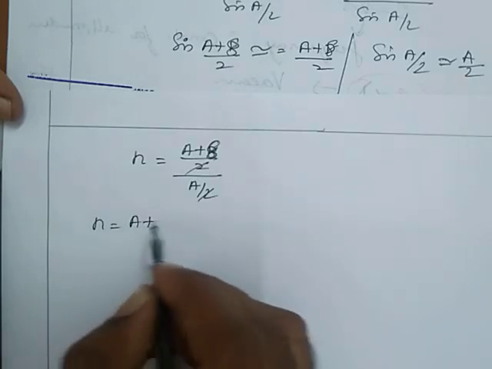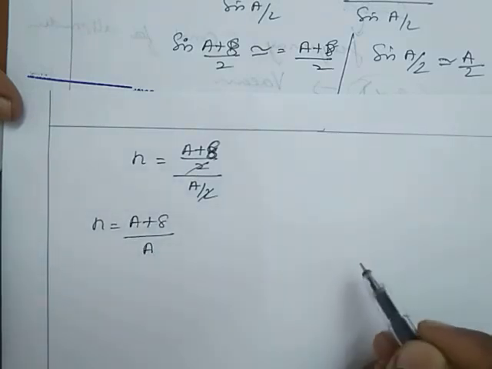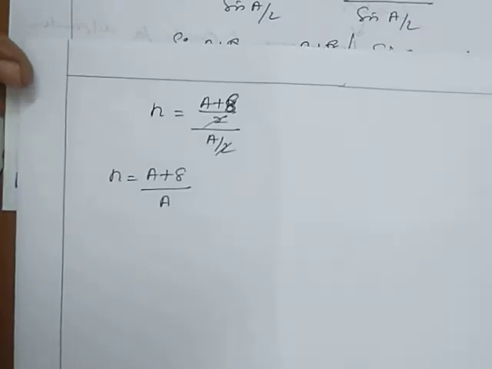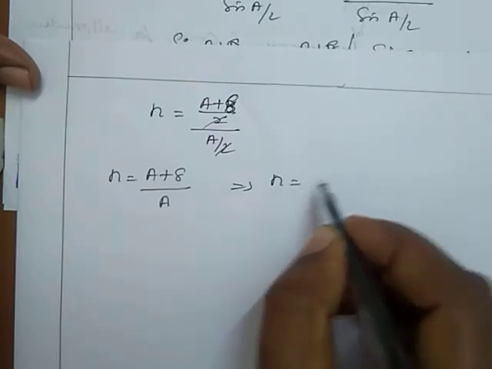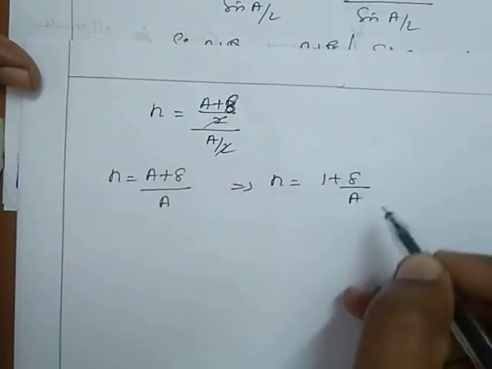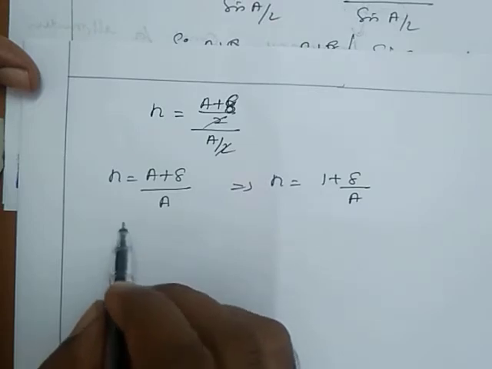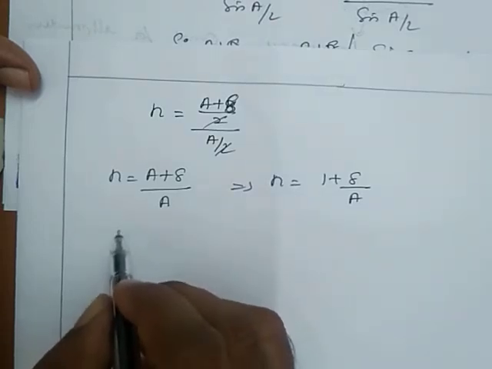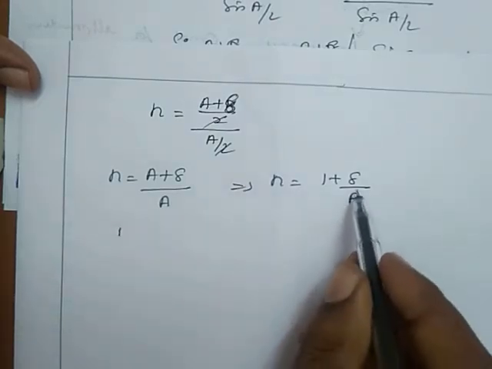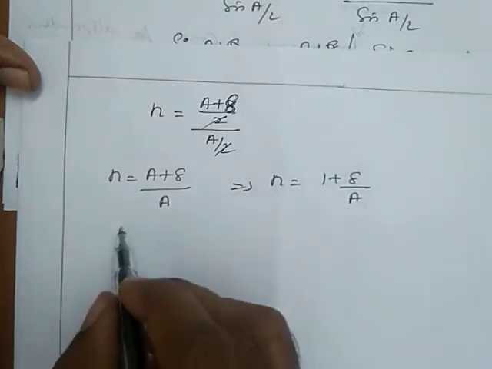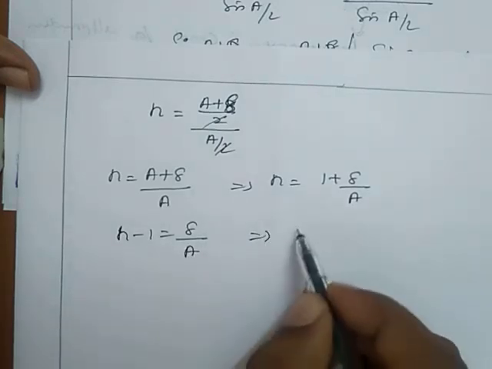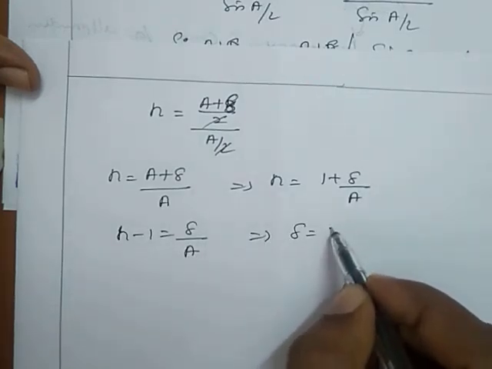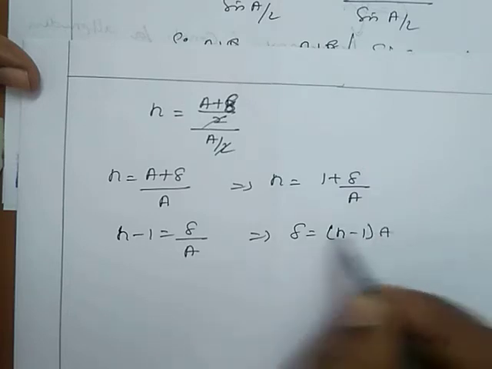Here the 2 cancels, then we get n equals (A plus delta) by A. On solving this, n equals 1 plus delta by A. Taking this 1 to the other side, n minus 1 equals delta by A. We need delta alone, so we can write delta equals (n minus 1) into A.